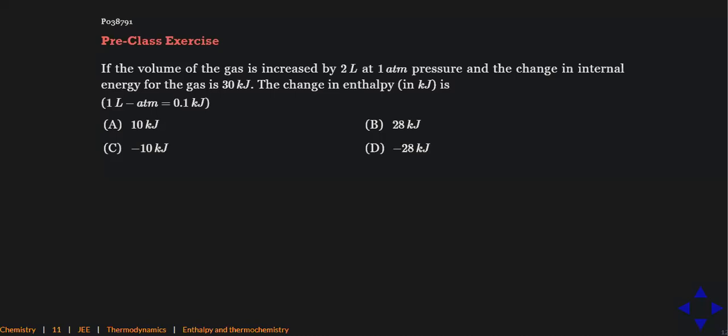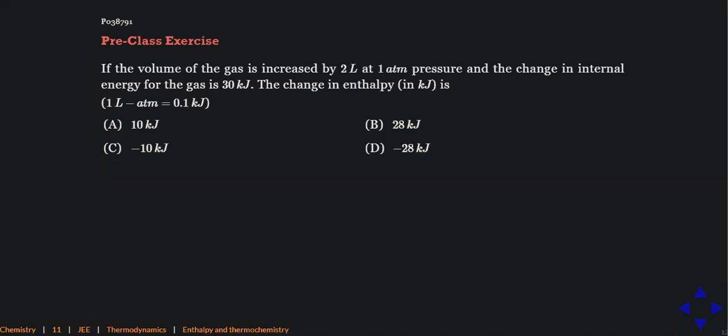Yes, very good. I guess all of you can calculate this. So you have to use ΔH is equal to ΔU plus PΔV. Got it, everyone? The only thing that you have to do here is convert the units, because internal energy is given in joule, and the conversion is also given.